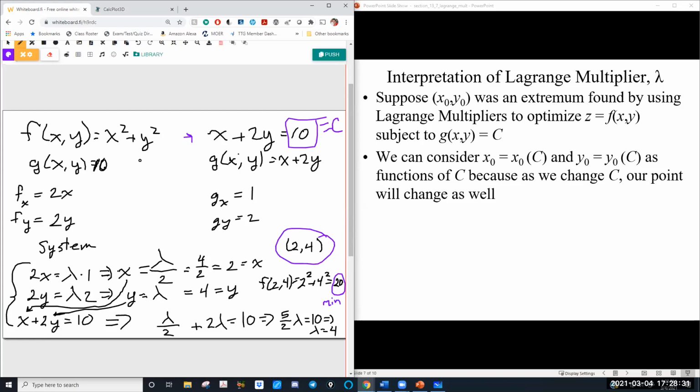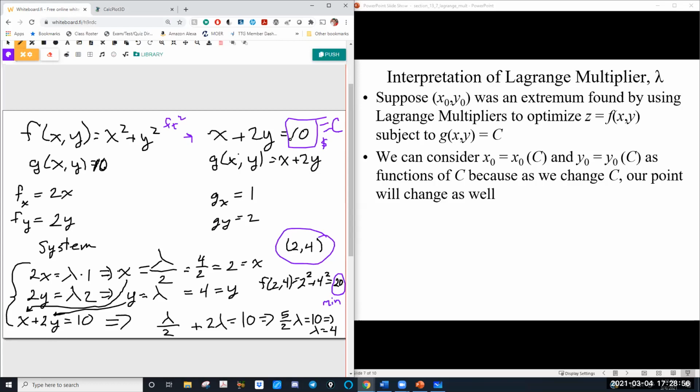Say we want to minimize surface area subject to our budget, and our budget is $10 and our surface area is being measured in square feet. So this one here is in square feet. This one here is in dollars.